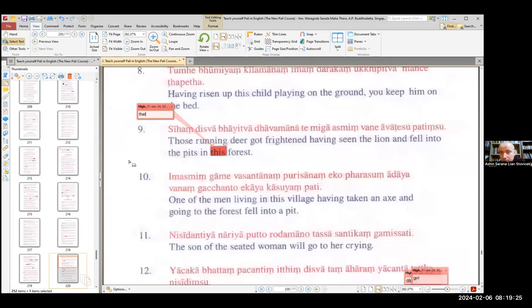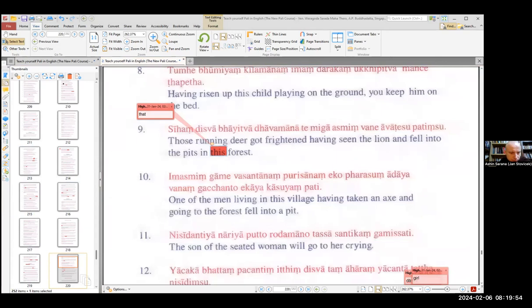They fell into the pits in this forest, but I think asmiṃ, is that this? Isn't that? Let me see. It should be like tasmiṃ.